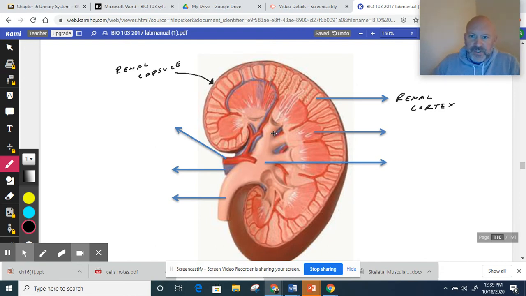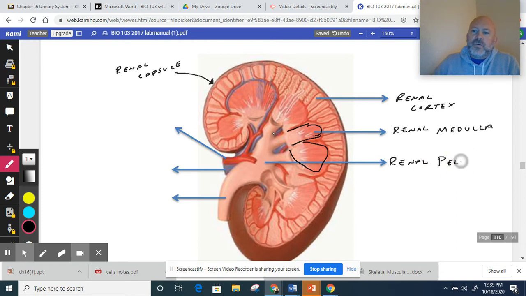Going deeper, we see in here, we have these renal pyramids, right? These are the renal pyramids. But this whole region in here where we have the renal pyramids is called the renal medulla. Just deep to that, we have the renal pelvis, and this is where all the collecting ducts would converge.